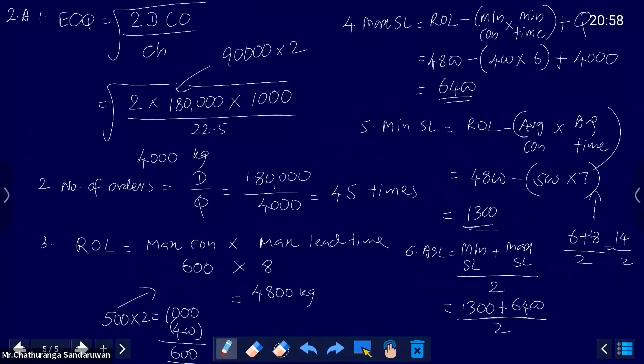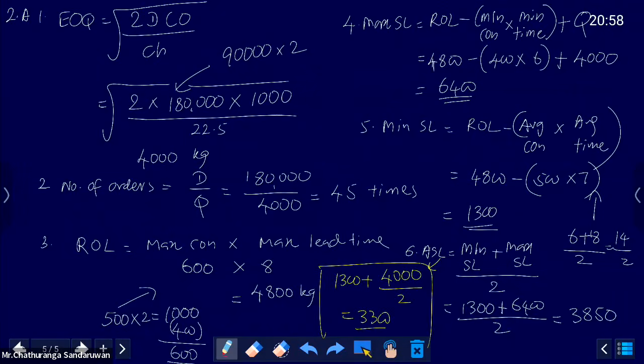Take the summation, divide by 2. 1,300 plus 6,400 divided by 2, it's 3,850. And this is also correct, right? The second one is, let me write it here. The same, right? Minimum stock level 1300 plus reorder quantity 4000 divided by 2. Here 2000, 3300. That is also correct, right?